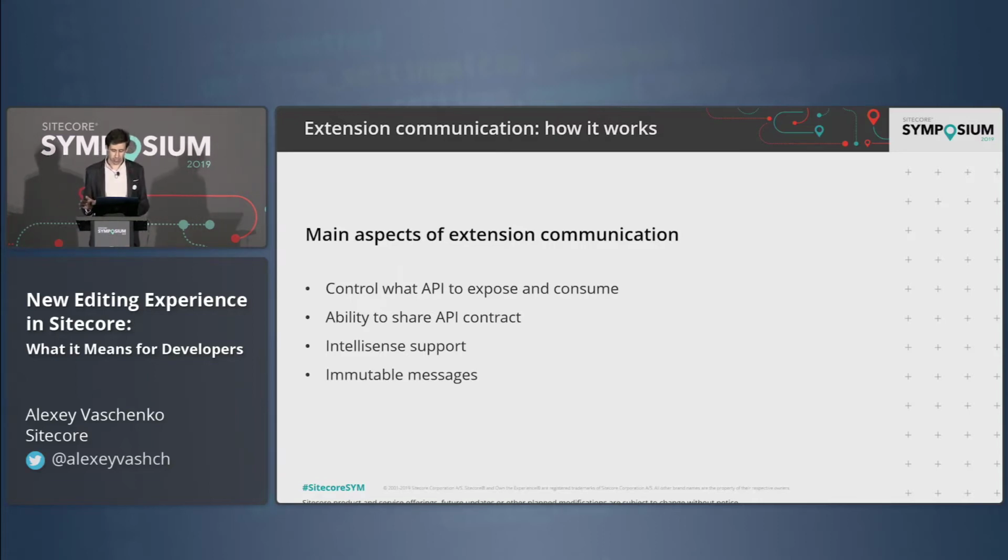So the global messaging mechanism is about the communication. What API to expose is your decision in the extension. You decide what API you consume. It's also about sharing the API, so we will be providing the API inside of the Horizon that you can interact with.